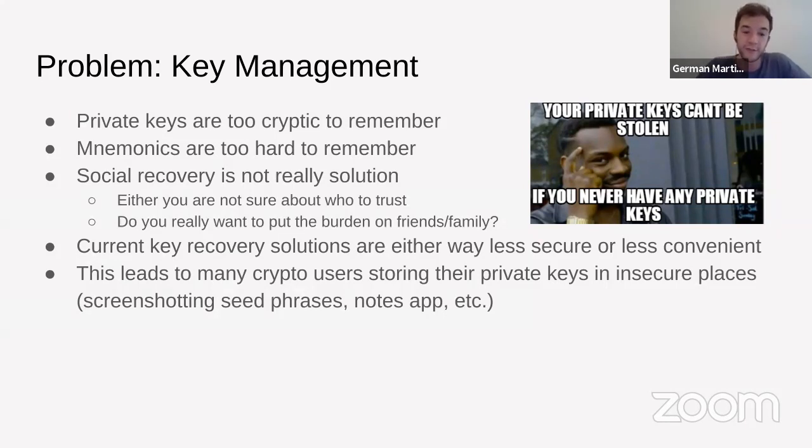And even social recovery is not really a solution because in the end you have to trust your friends and family to do this work for you. Current key recovery solutions are either way less secure or less convenient. And all of these things lead many crypto users to store their private keys in insecure places like the cloud, in plain text, or in screenshots, or whatever.